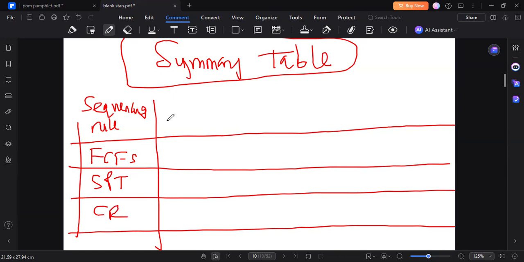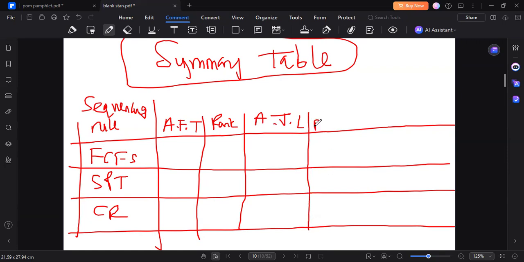Then average flow time, and you rank; then average job lateness, we rank; then average number of jobs in the system, we rank.